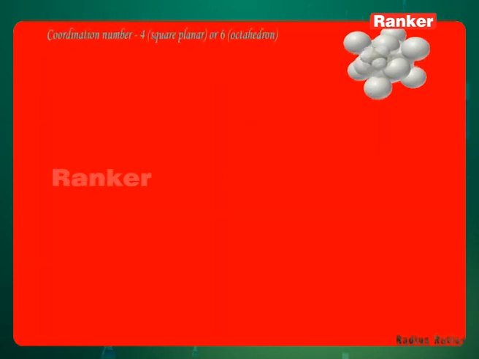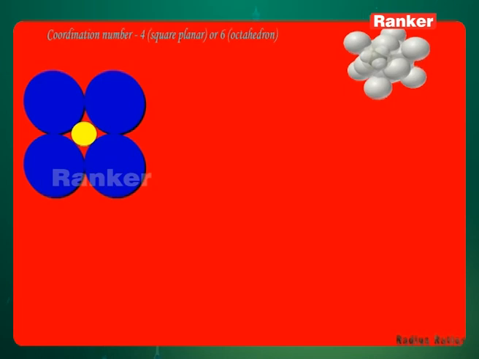Then coordination number 4 or coordination number 6: square planar and octahedral. These are the 4 blue colored spheres, which, if you look at it, are mutually touching, and the space in between appears like a square. If that is occupied by this yellow colored sphere, then this is what is the square planar. This is RC plus RA, that is AB. AB is equal to radius of cation plus radius of anion. Now, from B towards the other blue sphere, the line that is drawn is equal to 2RA, because that is the sum of the radii of the 2 anions.